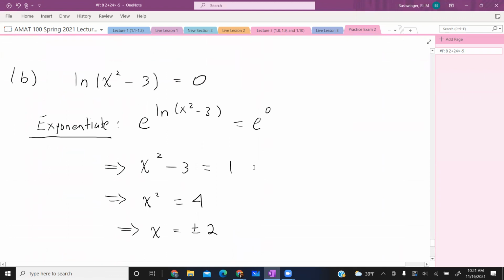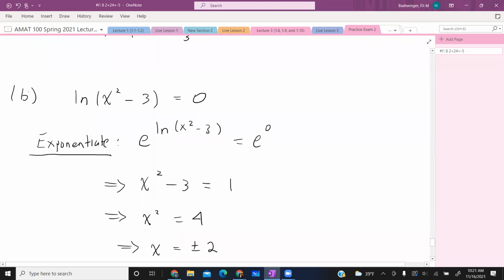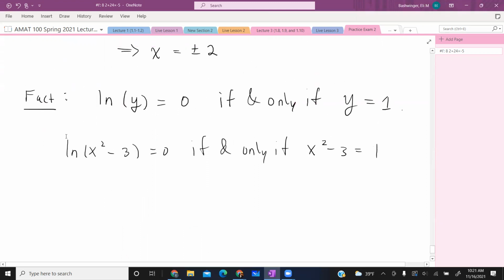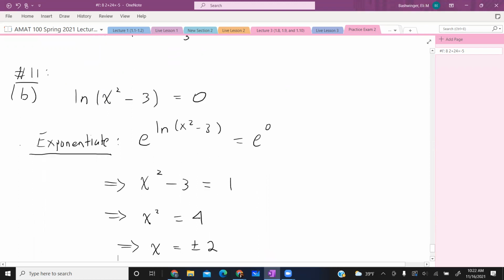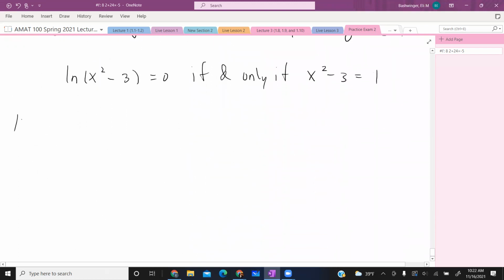So this is not problem 10 part B. This is actually problem 11. Maybe you can see that already. I kind of did these out of order. Whoops, I didn't realize it. So I just did number 11, part B. So now let's go back to problem 10. Let's do number 10, part B.